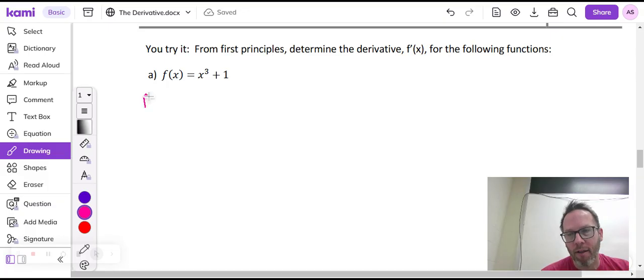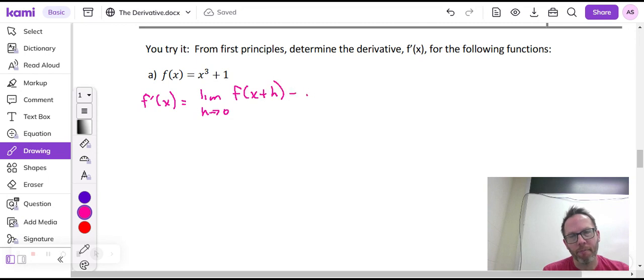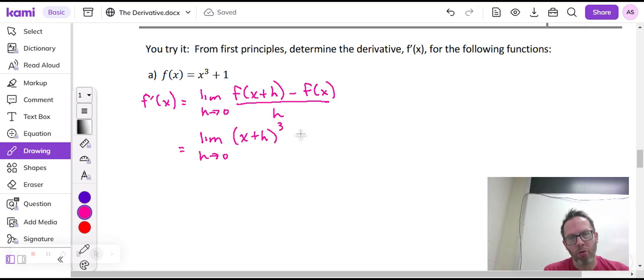All right, let's set this up. So f prime x is equal to the limit as h approaches 0. I'm writing out the definition of the derivative. And now I'll plug in my function. So the limit as h approaches 0, x plus h cubed.